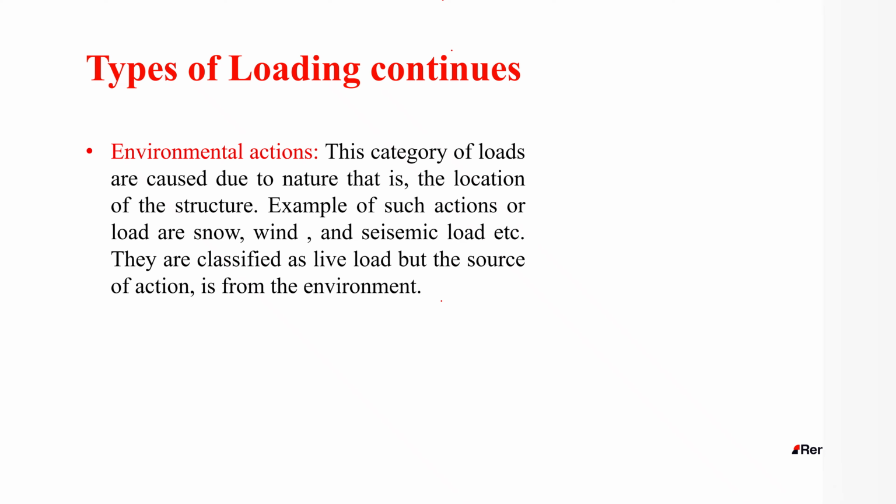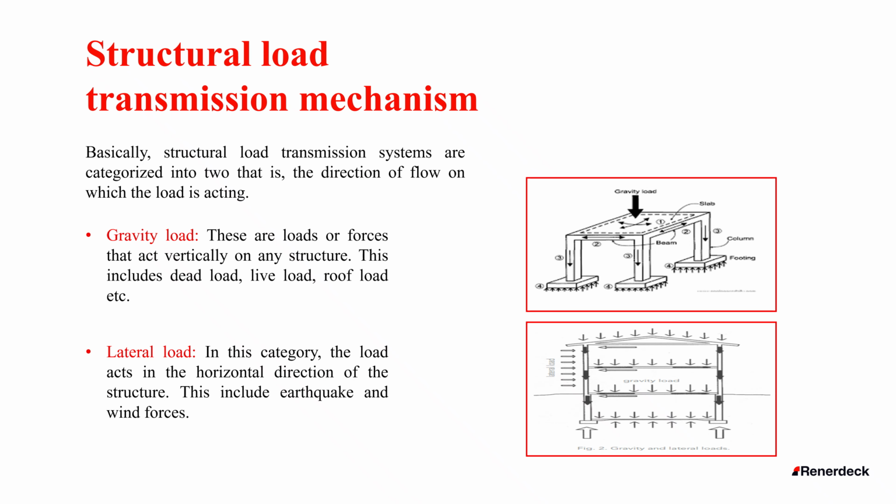Now, let's talk about structural load transmission and the structural load transmission mechanism. Basically, structural load transmission systems are categorized into two, based on the direction of flow in which load is acting or being transferred. Now, gravity load: let's take a look at a storey building, or a building with a first floor. At the first floor we are going to have a slab.